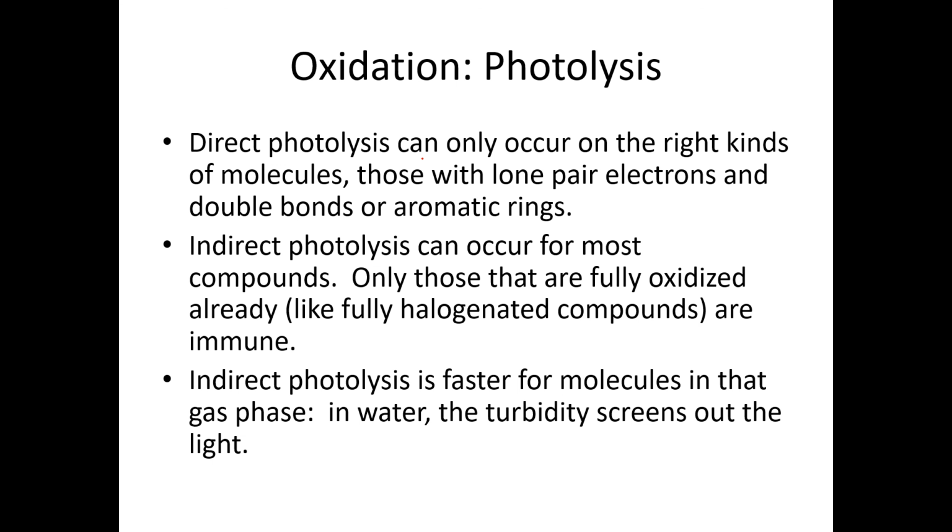So we said that the smallest energy gap occurs when you have lone pairs that are right next to pi bonds, like double bonds or aromatic rings. The lone pairs are in n orbitals, and the pi bonds and aromatic rings are in pi orbitals. Anytime you have a pi, you have a pi star.